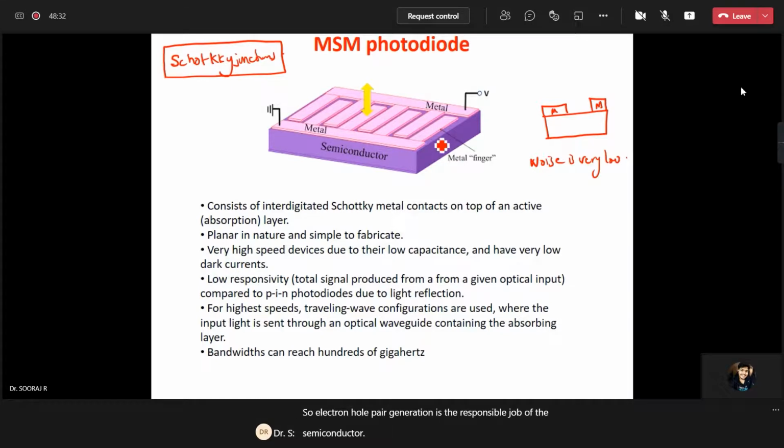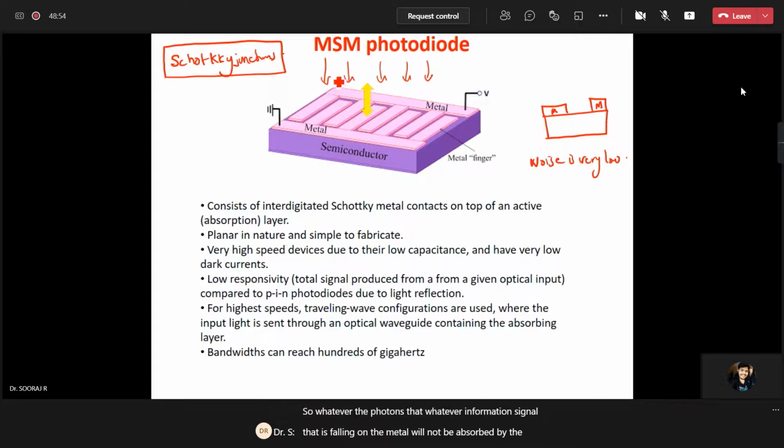But unfortunately, since you have these metal electrodes on the top, when you have light falling on this device, this metal is going to reflect some of the light. So whatever information signal is falling on the metal will not be absorbed by the semiconductor.